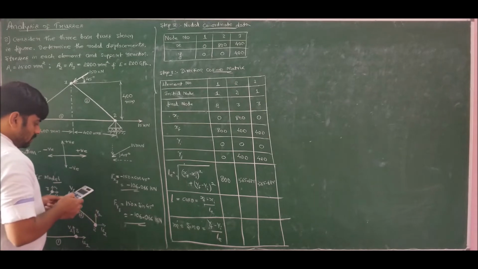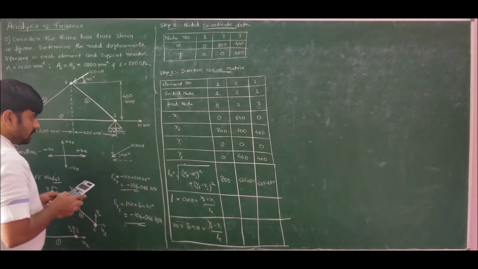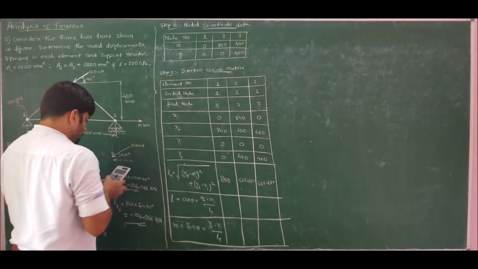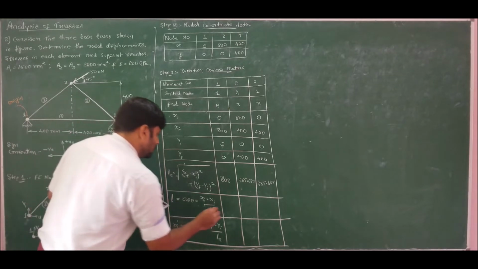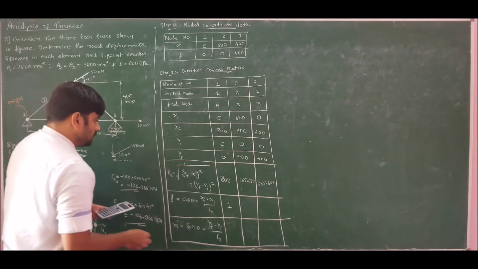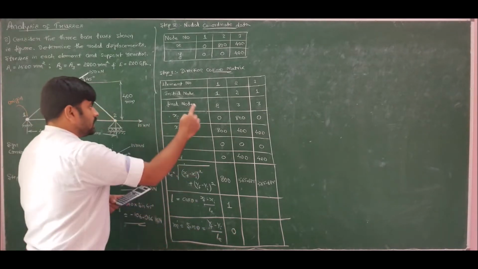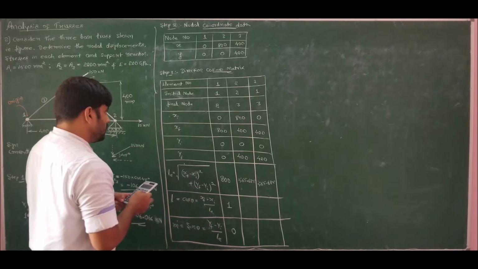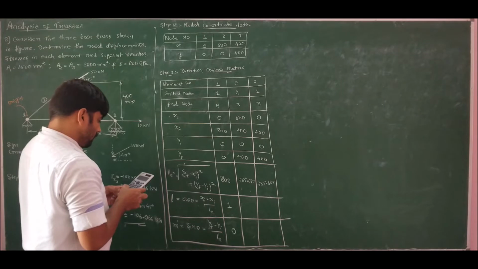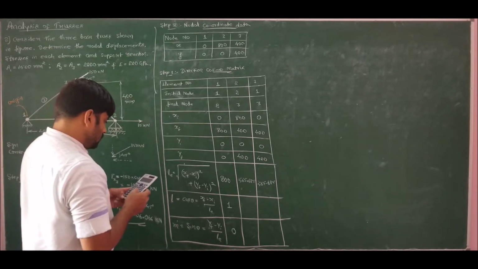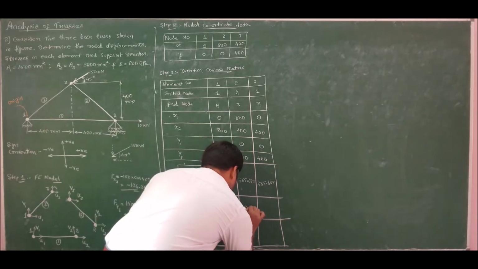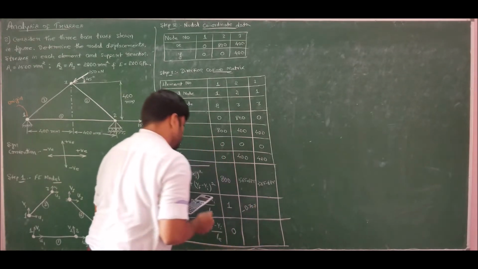Next, coming to direction cosine cos theta, that is x final is 800 minus x initial is 0 divided by length 800, which is 1. Coming to sin theta, it is 0 by anything is 0, therefore it is 0. Next, for element 2, we have x final as 400 minus x initial as 800 divided by length 565.685, which is minus 0.707.